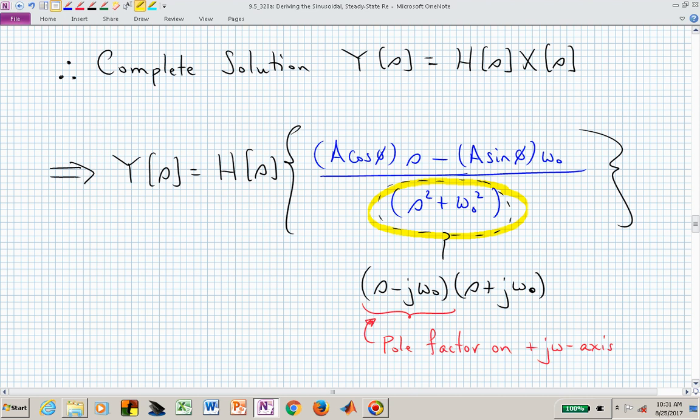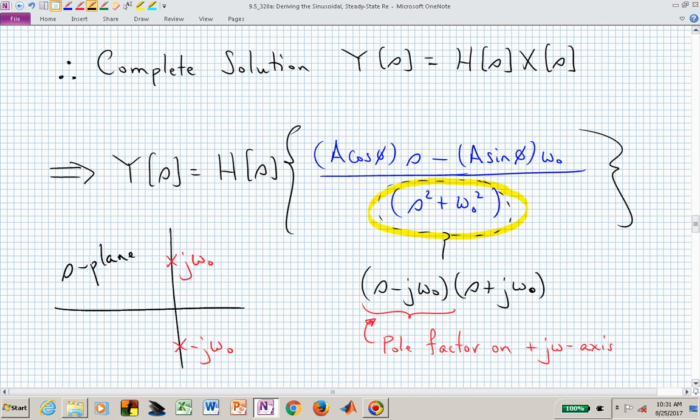And we have another pole factor, where s equals minus j omega naught would cause it to vanish. We now have poles in the complex s-plane. One is at j omega naught, and the other is at minus j omega naught. This is the s-plane.